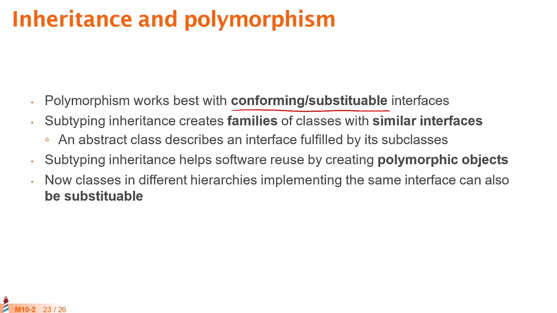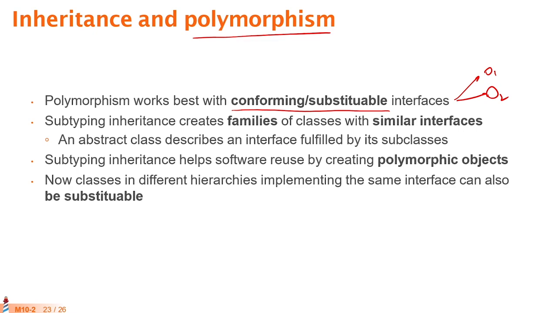In this way, the idea is that we can use one of the implementations or the other without caring which one it is. That basically is the idea behind polymorphism. And the only way that happens is that both objects have the same interface.